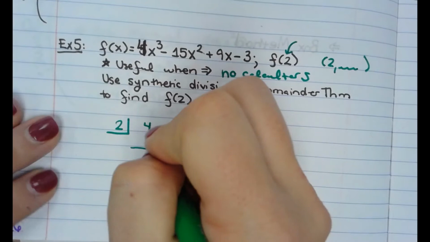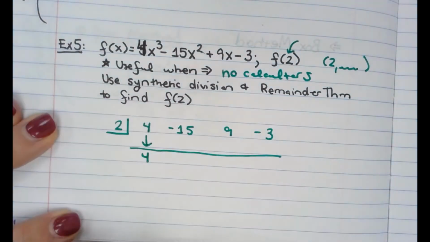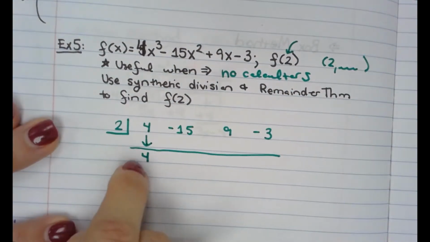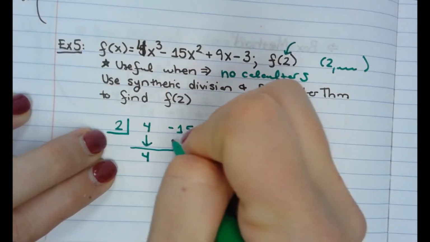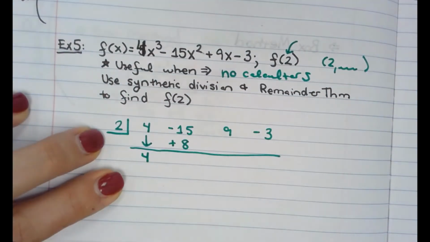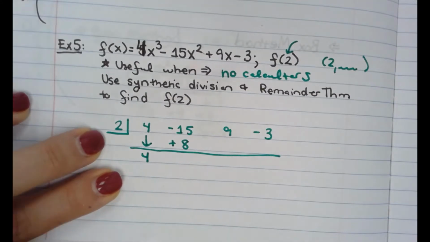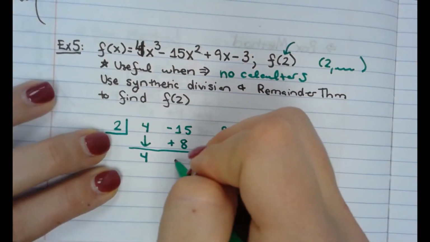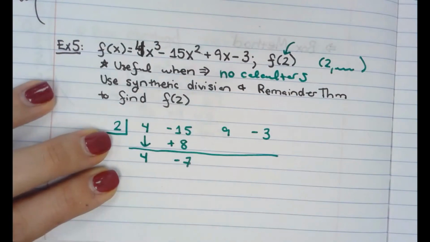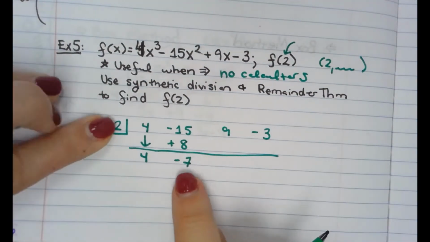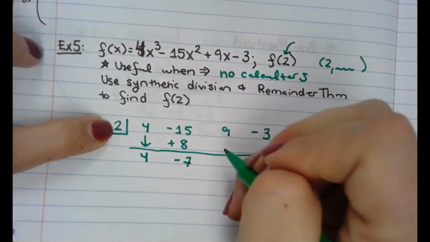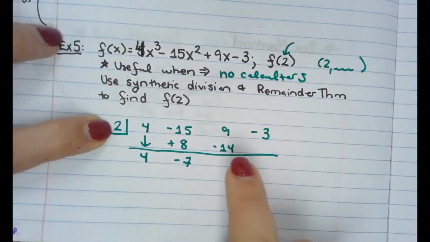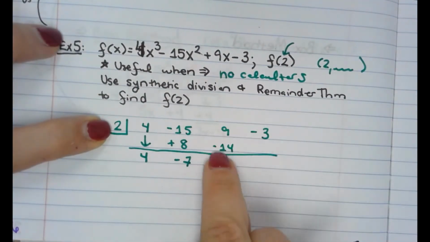Okay, down it goes. Drop the 4. 4 times 2 is 8. Add it straight down. Negative 7. Multiply. Negative 14. Add it straight down.